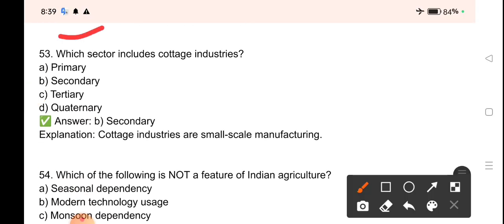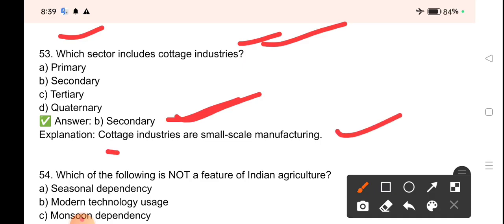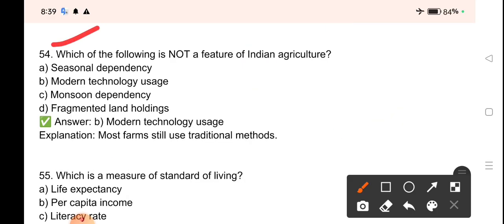Which sector includes cottage industry? Secondary. The secondary sector includes cottage industry. Cottage industries are small scale manufacturing. Which of the following is not a feature of Indian agriculture? Seasonal dependency, modern technology use, monsoon dependency, fragmented land holdings.